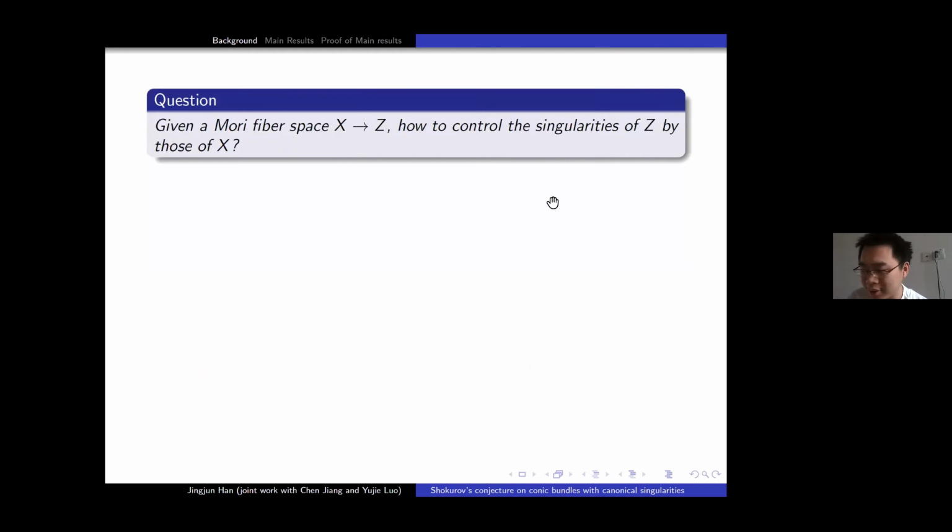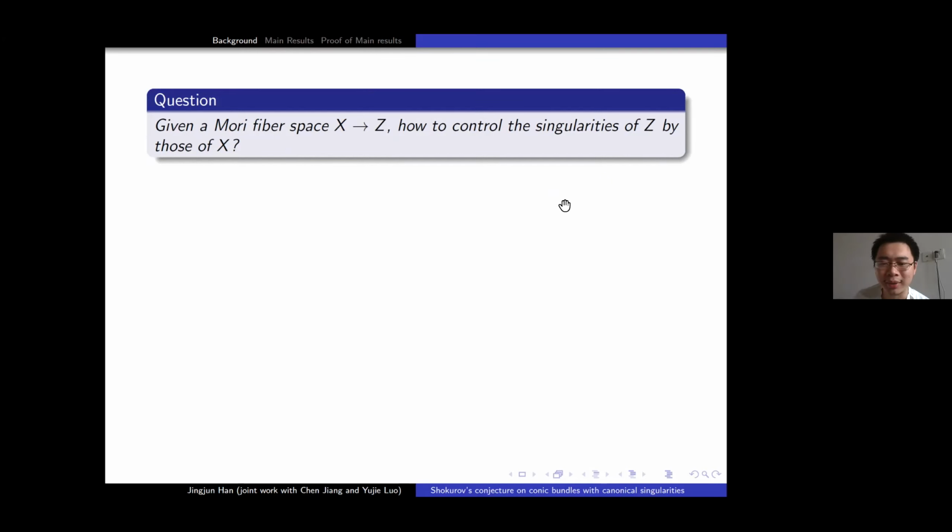So here is a natural question. Given a Mori fiber space from X to Z, can we control the singularities of Z by those of X? This means, for example, if X has terminal singularities, can we control the singularities of Z?